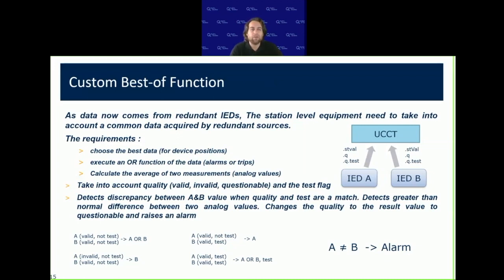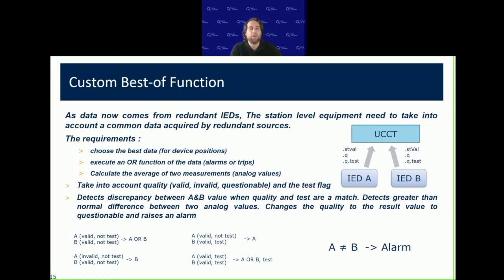So if we look at the different examples of that best-of, if we take the example for an SPS, if both are the same, valid and not in test, we're going to take A or B. If both values are valid but in test, then we'll take an OR of A and B, but the result will also have the test flag activated because both inputs are in test.